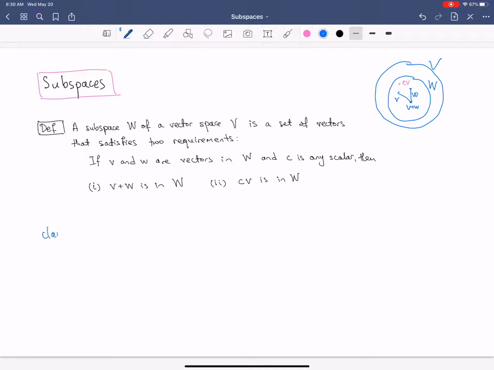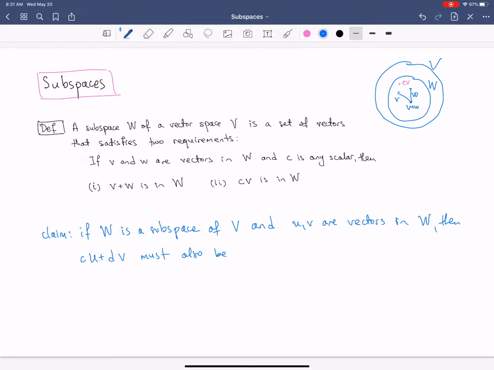If W is a subspace of V, and u and v are vectors in W, then we can actually take their linear combination, cu plus dv, and it must also be in W. And note here that I'm not choosing a particular constant c or d.